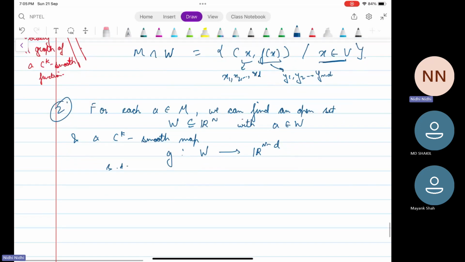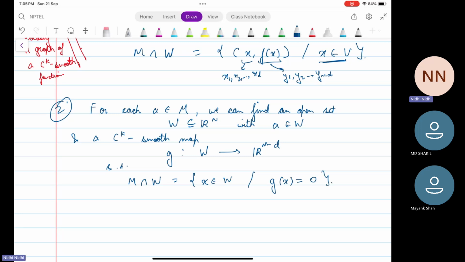That means M intersection W is equal to the set of all those points x in W such that G(x) is equal to 0.